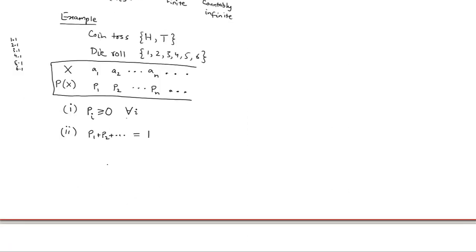But did you notice I never said probability should be less than 1? I never said that. Why? Shouldn't probability be less than 1? pi should be less than or equal to 1. Why don't I put this in my properties? Anyone?